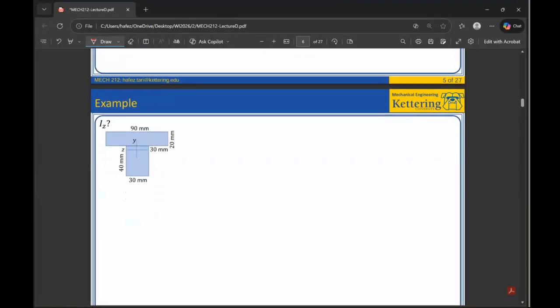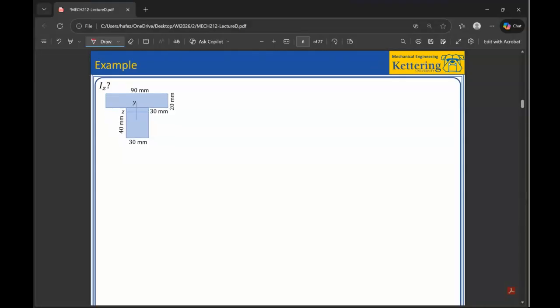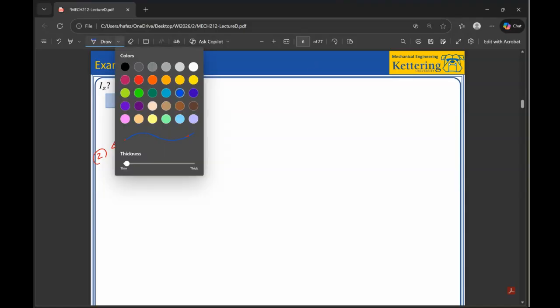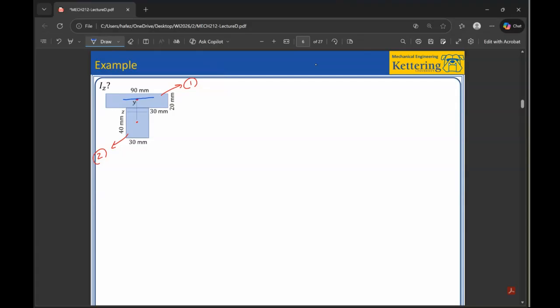So let's redo this problem with changing the axis. Let's solve for I_z this time. Remember that the center is in here for the upper piece. We call this number 1. We call this number 2. And for the lower one, the center is in here. So if you want to know z1, really z1 is here, z2 is in here.